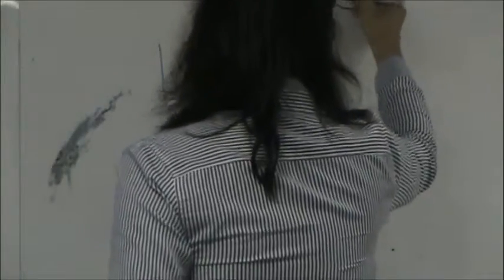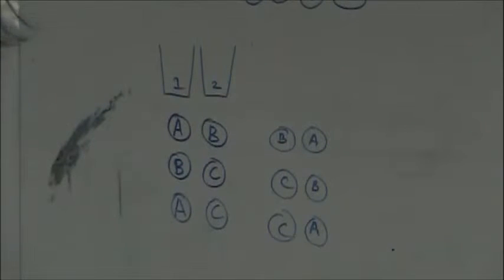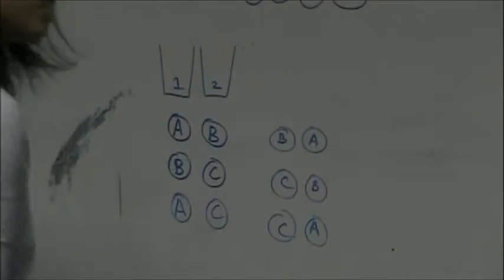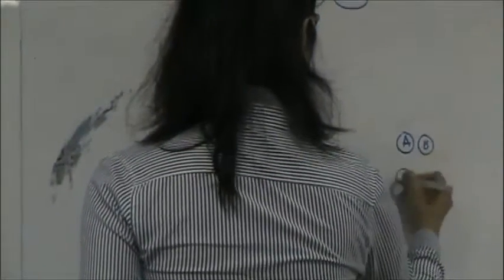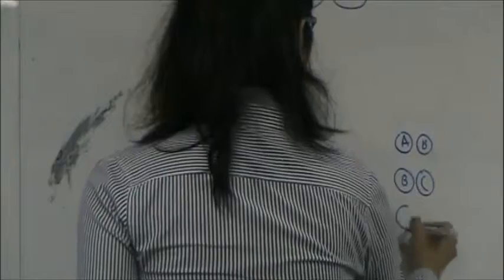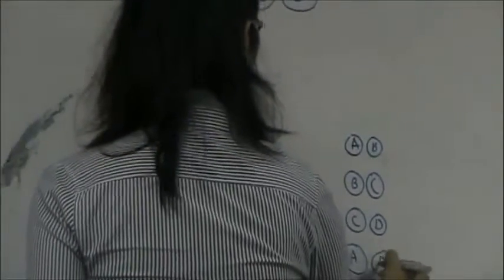So let's try. Let's increase the number of coils. And let's do it manually. So just guide me with the possible ways this can happen. So A and B, B and C, C and D, A and D, and just flip it all around.